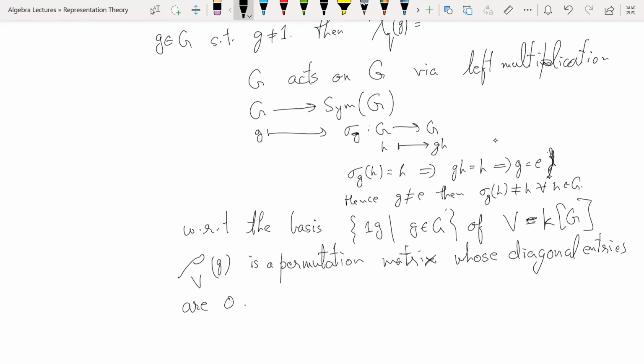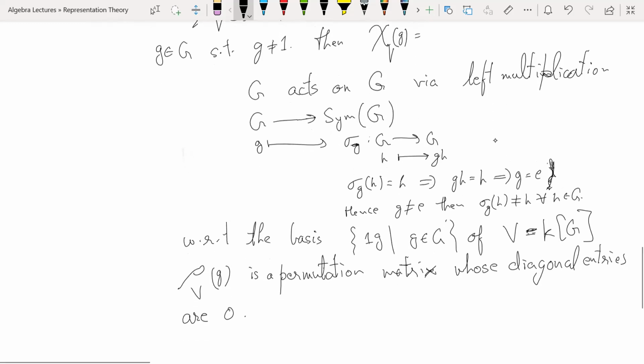So it's going to be a permutation matrix, and the action is such that it doesn't have any fixed points. So the diagonal entries are all 0. That tells you that the trace of rho Vg is 0.